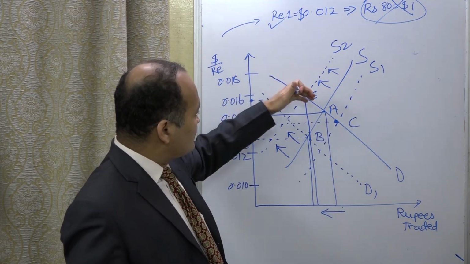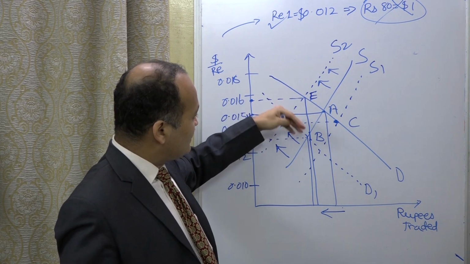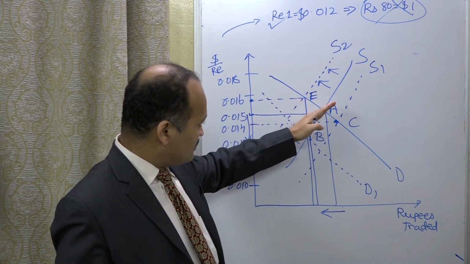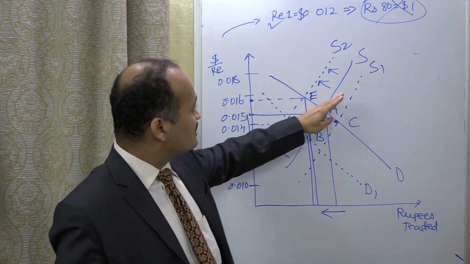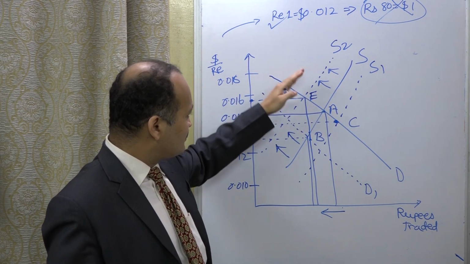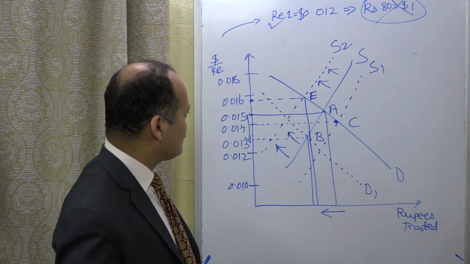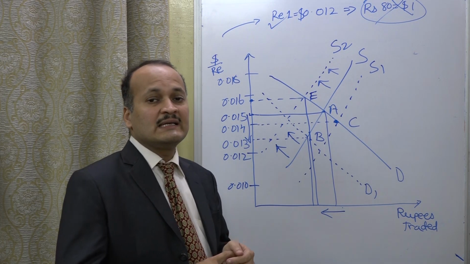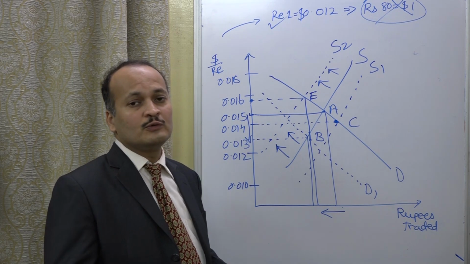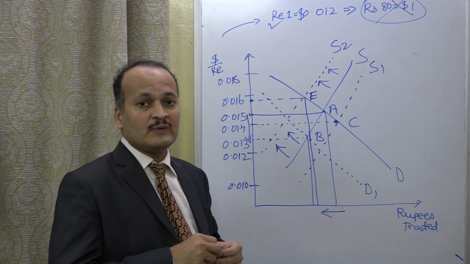So we consider a scenario when the RBI is pursuing tight monetary policy, which causes the supply of rupee to be lower at each exchange rate, which causes the supply curve to shift to the left, and that leads to an appreciation of the currency. Now sometimes the RBI says that it is trying to control inflation by pursuing a tight monetary policy.